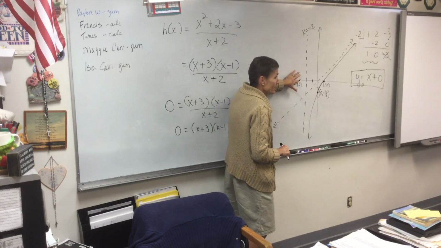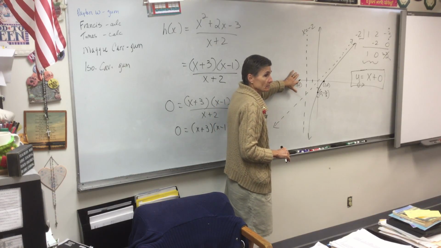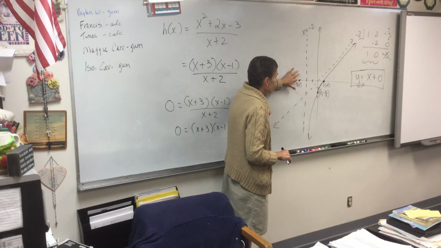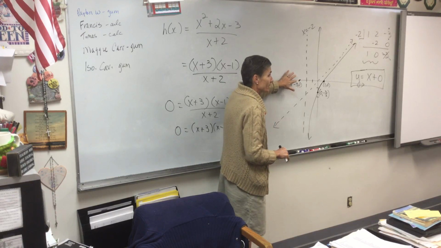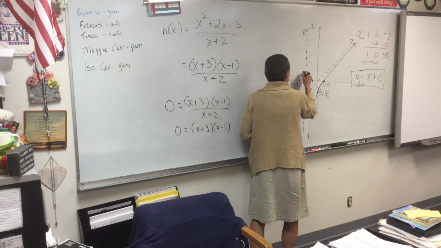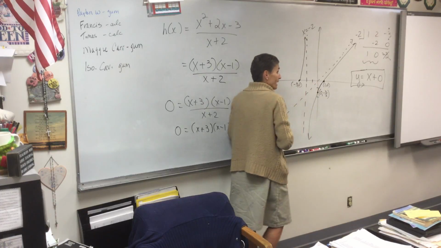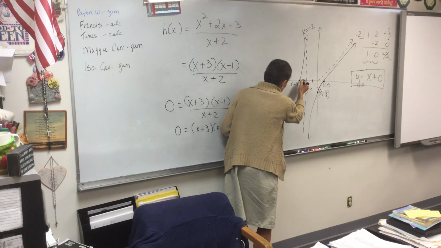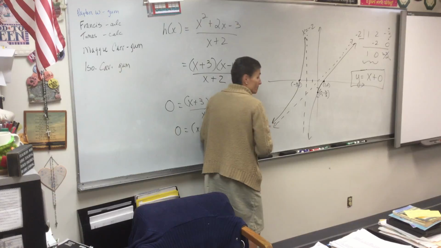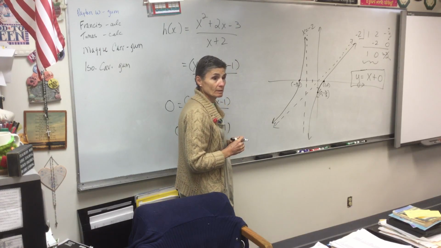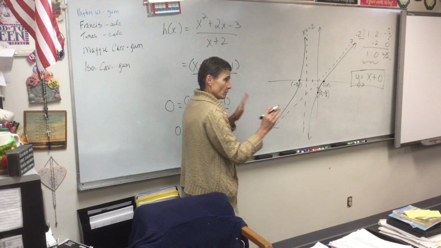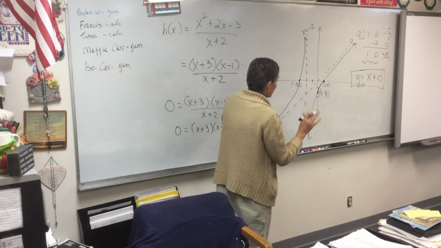Now I got a point over here. What do you think that curve that contains that point is going to look like? Do you think it might go up along that asymptote like that, and then down along this one like this? And if you're a little bit confused, think of that.